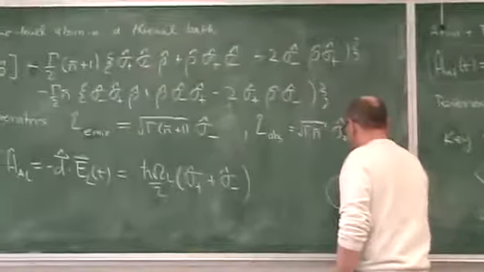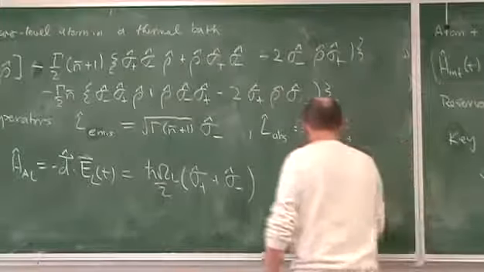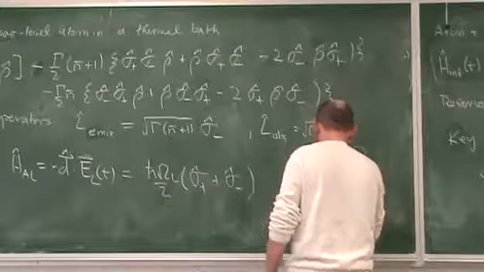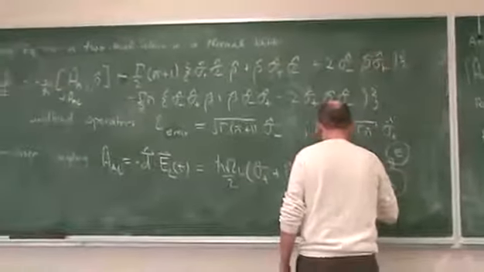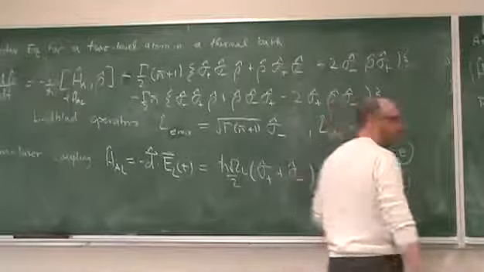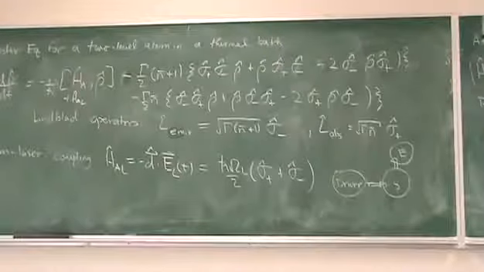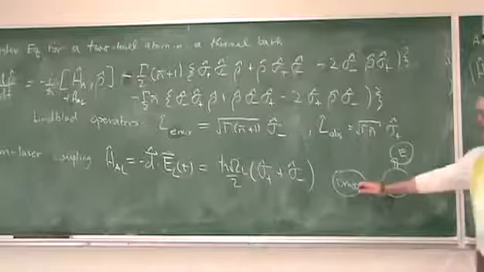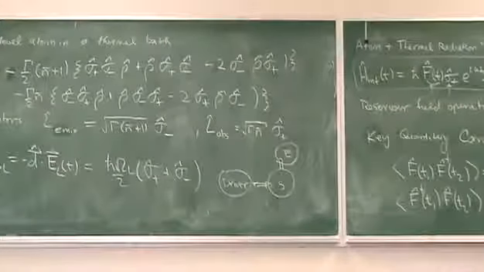So what we have here is the system. We have the system coupling to the environment, and then we have some other coupling to some other driving. So what could possibly happen by adding this additional driving interaction that couples to the system?